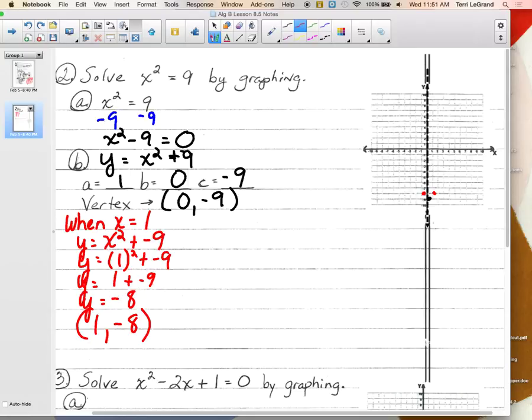I'm not saying you can't, but chances are x equals 2 is still going to be a point below the x-axis. Then when that happens and you're trying to figure out where it's crossing the x-axis, it's going to be harder to tell. Because you guys aren't really good at drawing parabolas yet. You kind of have some funny looking ones. You just haven't had enough practice yet. So let's just be crazy and let's do when x equals 3 instead.